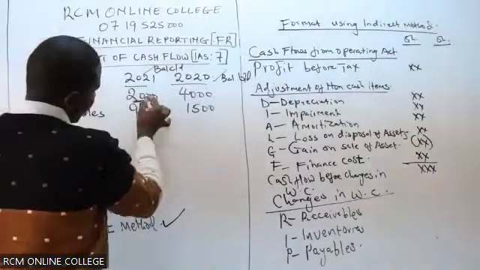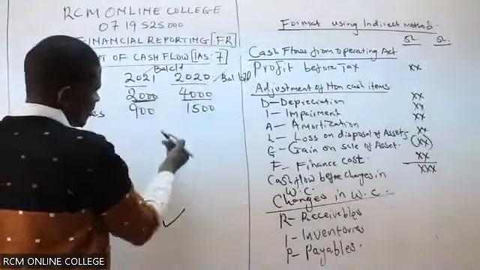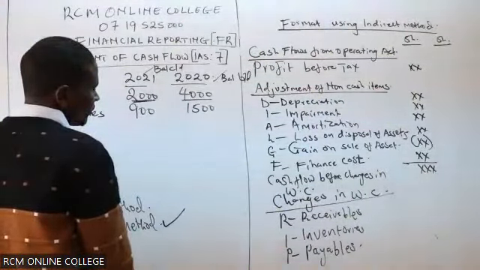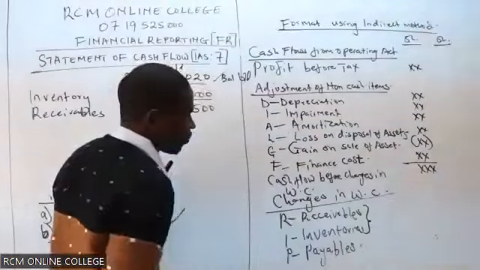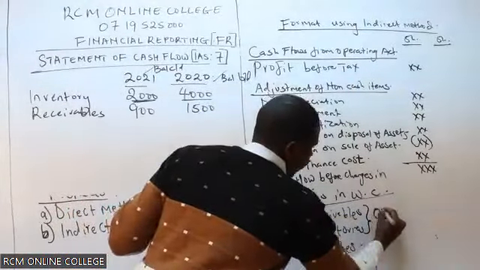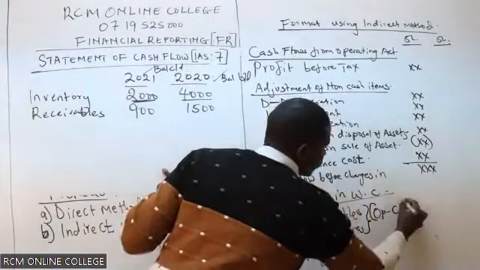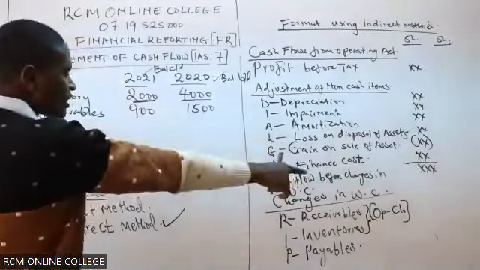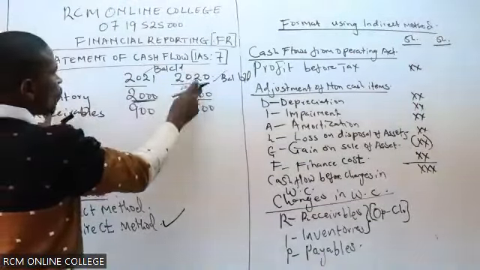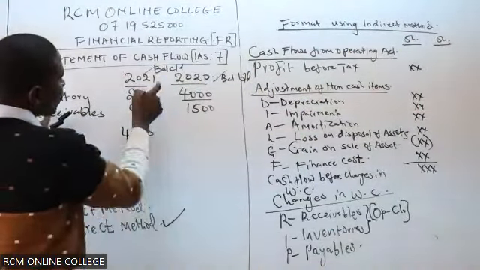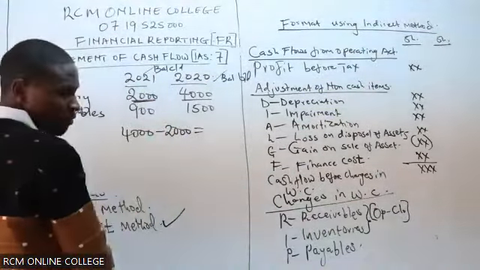If you look at the current year and the previous year, you shall be using a very nice format: taking the opening minus the closing, and whatever you get, even if it is negative, you just place it there the way it is. For example, let's check the inventory. The opening was 4,000, then we subtract the closing of 2,000. So what have these people done? They have sold.